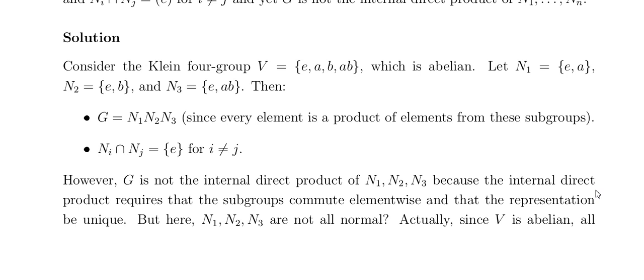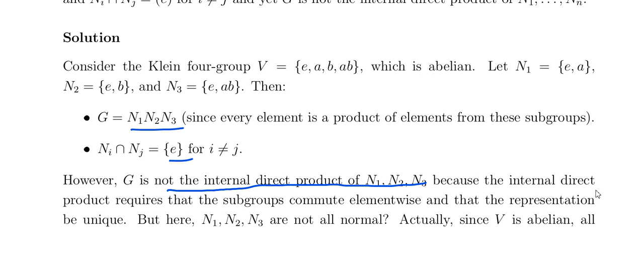N1 is {e, a}, N2 is {e, b}, and N3 is {e, ab}. G equals N1 N2 N3. The intersection of any two is the identity element only, but G is not an internal direct product of N1, N2, N3, because an internal direct product requires the subgroups to commute element-wise and the representation to be unique.